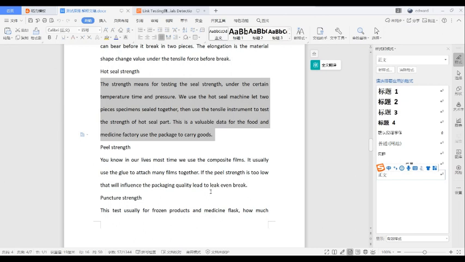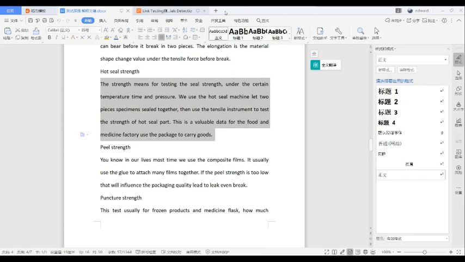In the food and medicine factories, they always use the packaging, the pouch, to carry the food or the medicines. How do they seal them? Usually they use the heat seal. Heat seal is always influenced by the temperature, pressure, and time. At this step, we must confirm how much pressure the heat seal part can bear.